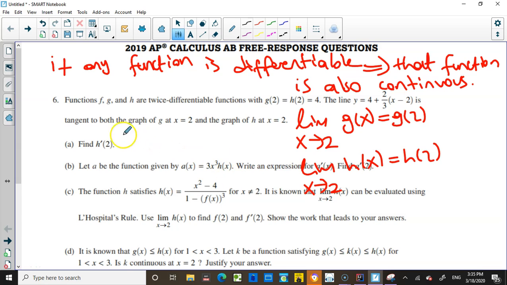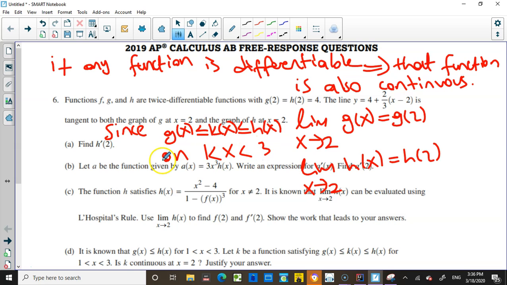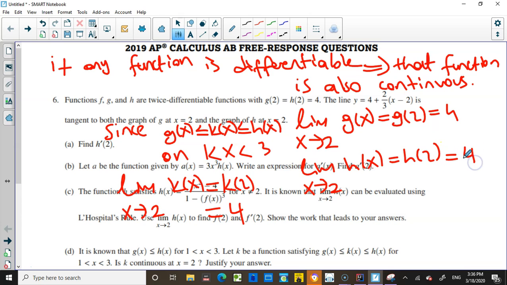So since g of x is less than or equal to k of x is less than or equal to h of x, notice that this k function is getting squeezed in between g of x and h of x on the interval 1 less than x less than 3. So it follows from the squeeze theorem that the limit as x approaches 2 of k of x has to also be equal to k of 2, which is going to be equal to 4, because g of 2 is equal to 4 and h of 2 is equal to 4.